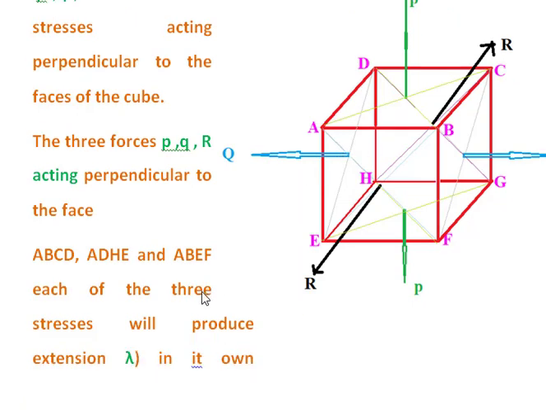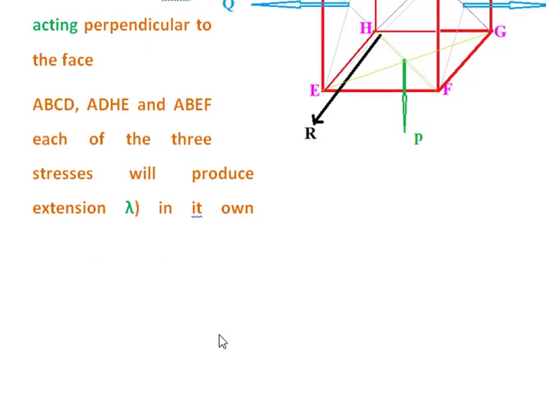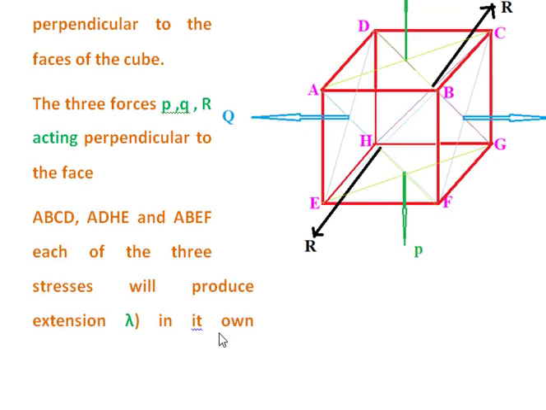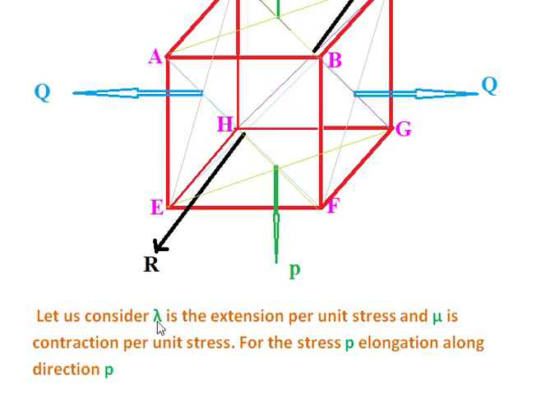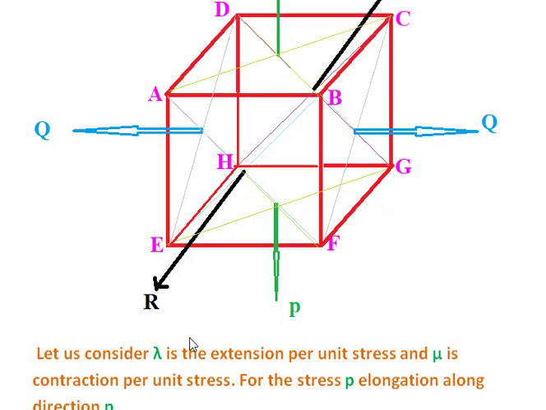The three stresses will produce extension. The extension is indicated by the symbol lambda, and the contraction is indicated by the symbol mu. When we apply a force or a stress, the isotropic material cube expands. The expansion is indicated by lambda. At the same time, the contraction is indicated by mu.